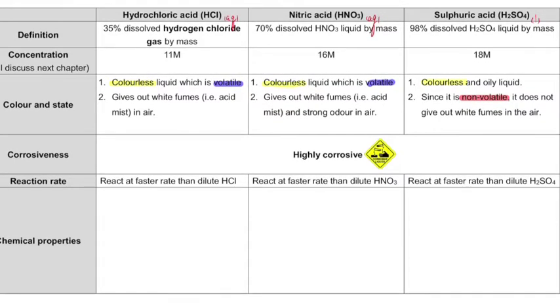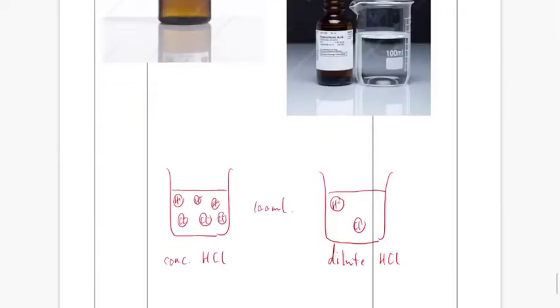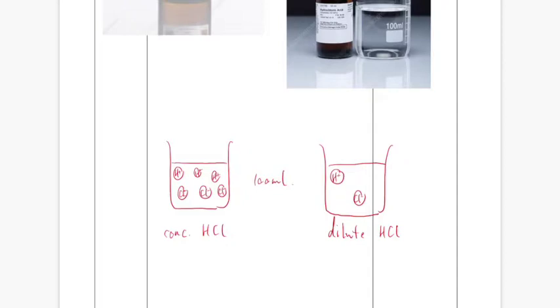And the next one, when we use concentrated acid, the reaction rate, of course, is going to increase. Why? Okay, so if we go back to the diagram I just drew, if we put a metal in it, let's say we put iron into both solutions, in the dilute one first.